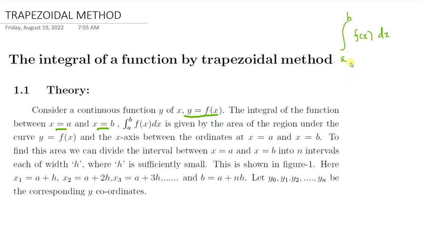This can be written as y is equal to f of x, so we can write it as the integral from a to b of y dx. Our aim is to find the value of this integral, and we are making use of the trapezoidal method.